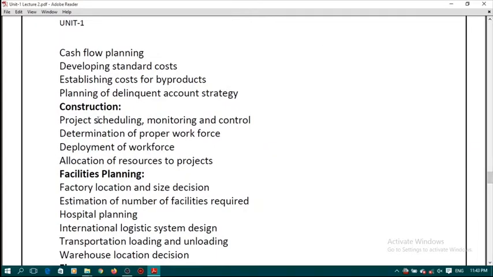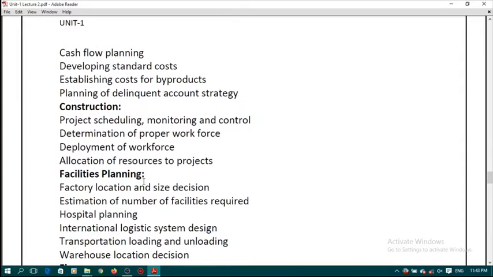The next is construction: project scheduling, monitoring and control, determination of proper workforce, deployment of workforce, allocation of resources to projects. These are the major fields of construction where operation research is used.